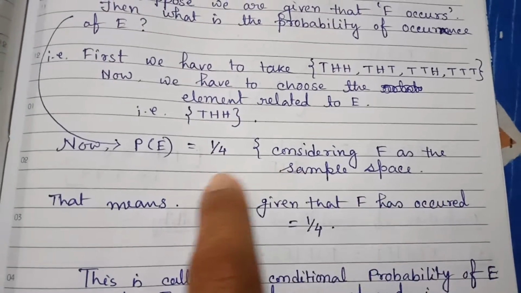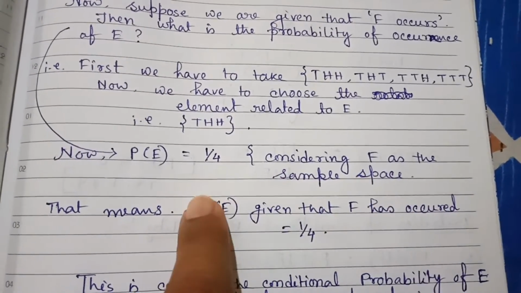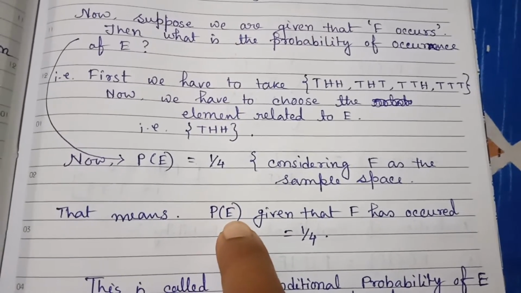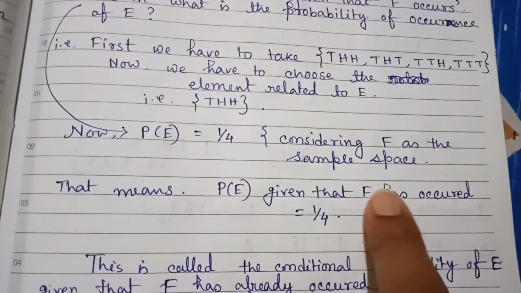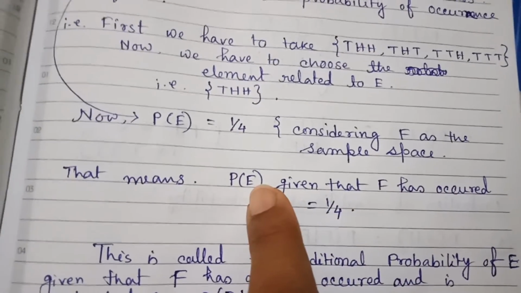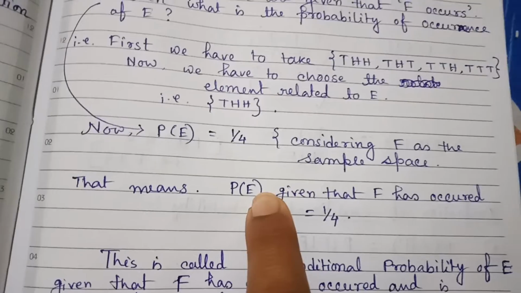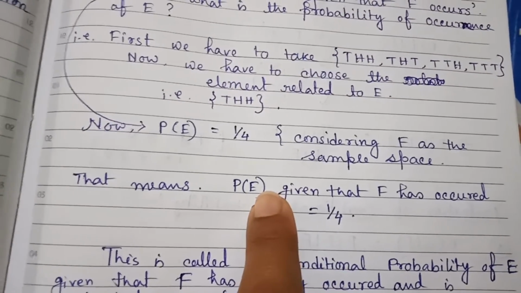Now this particular thing is the probability of E when F has occurred, that means there is a condition of F applied on E. E is not alone here.